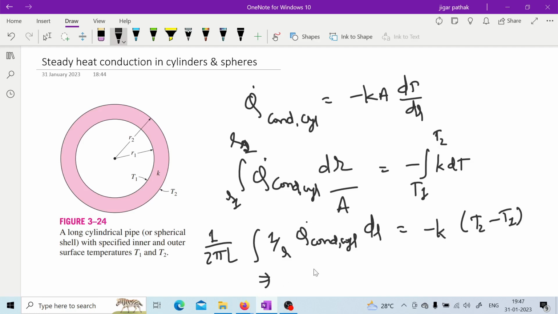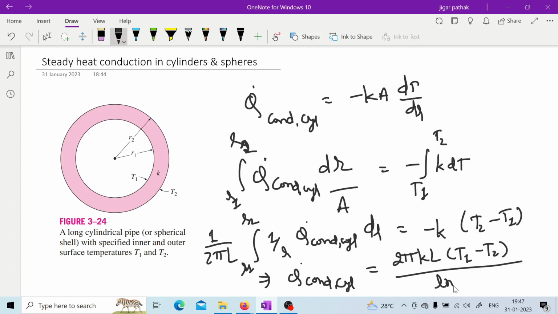If you simplify this, as it is R1 to R2, then finally you will get that Q conduction for a cylinder is given by 2 pi KL, and I am changing it to (T1 minus T2) because of the negative sign, divided by ln R2 by R1.